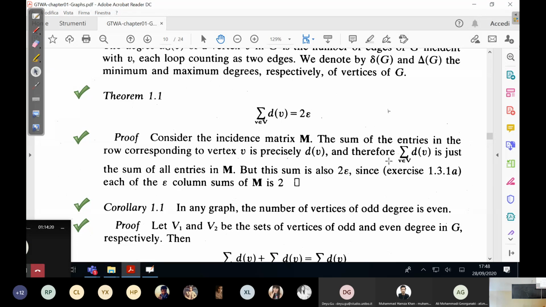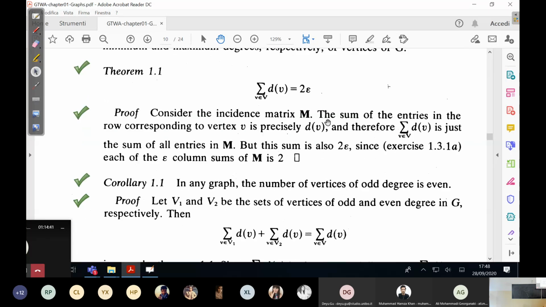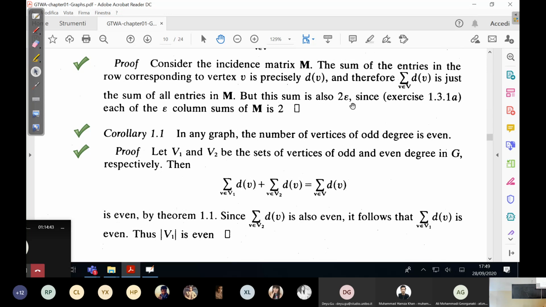Now, if we sum all of them, each handshaking has been counted twice. And so this is twice the number of handshakings, that is the number of edges. So even without matrix M, you can understand that this theorem is actually true.